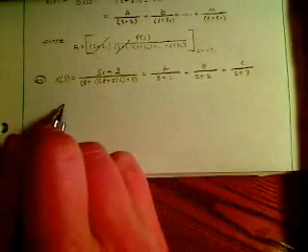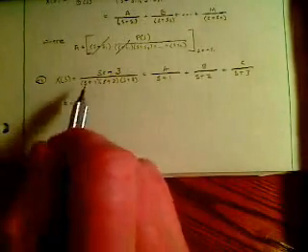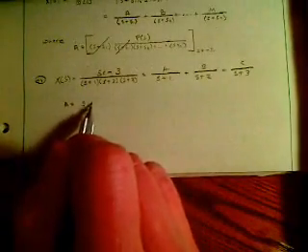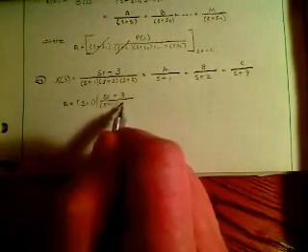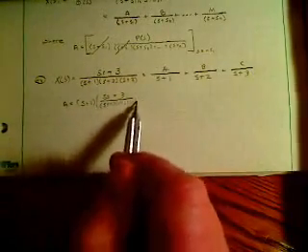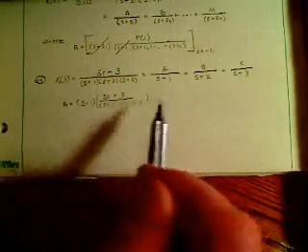So I go back here. A is going to equal, take this, s plus 1 times this whole thing, right? 5s plus 3 over s plus 1, s plus 2, s plus 3, and I want to evaluate it at s equals negative 1.